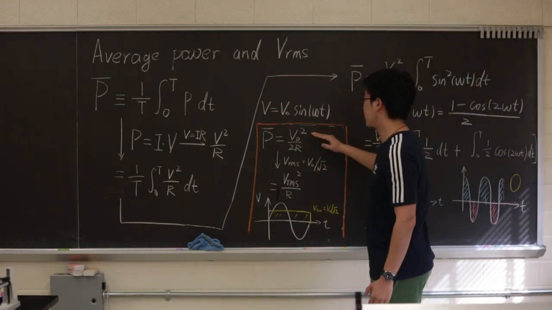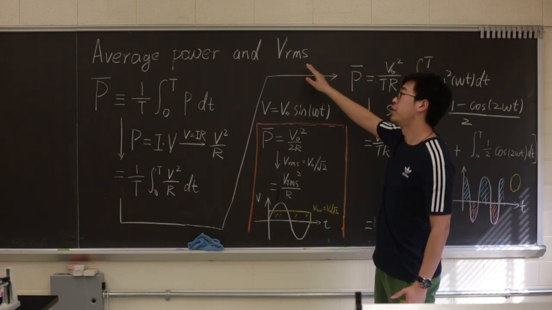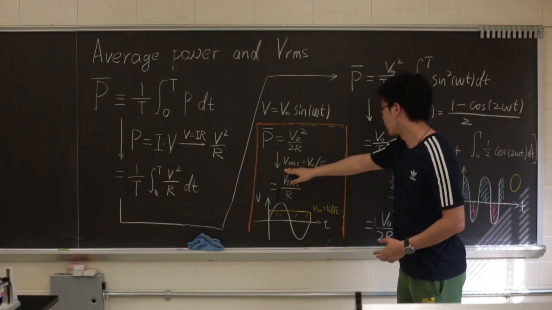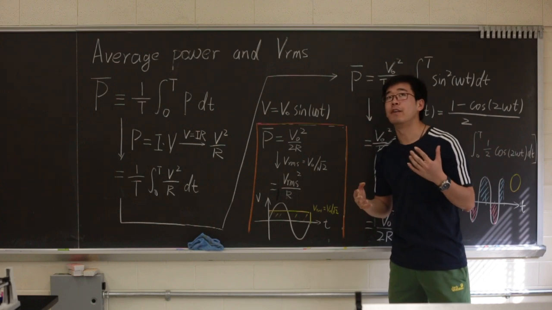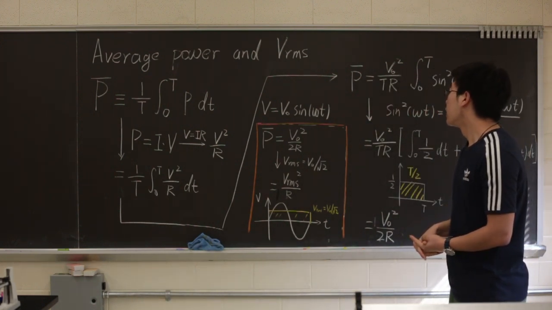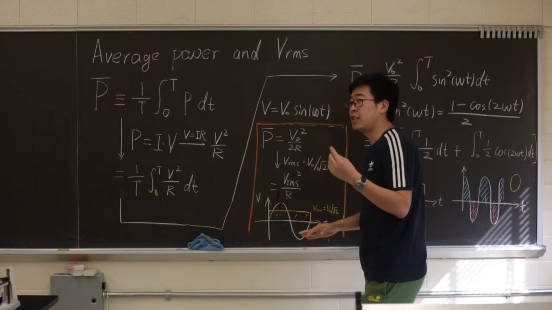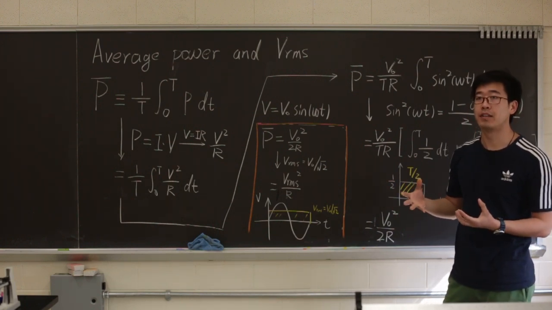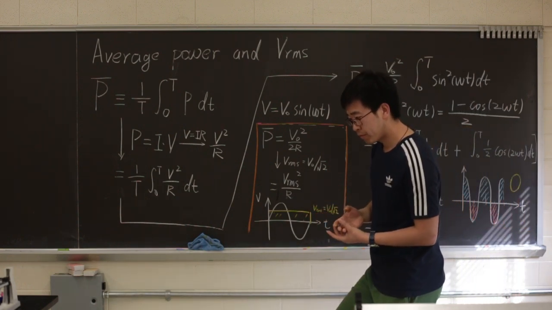So let's talk about the root mean square of a voltage. The definition of root mean square is basically if we consider the power using a DC voltage to supply a resistor or whatever, instead of an AC.